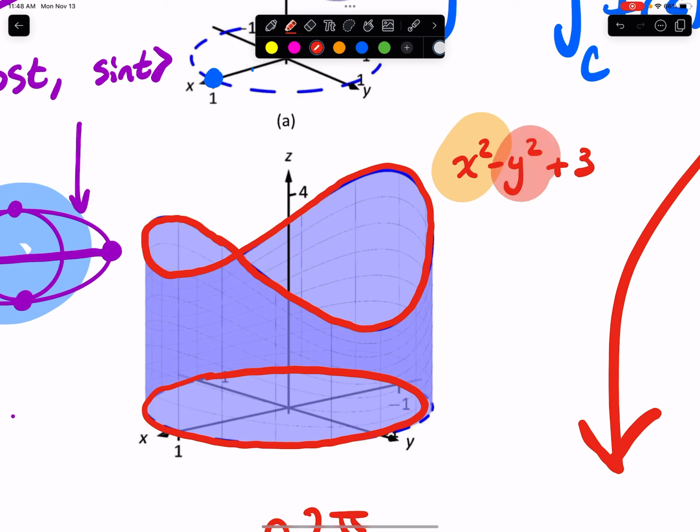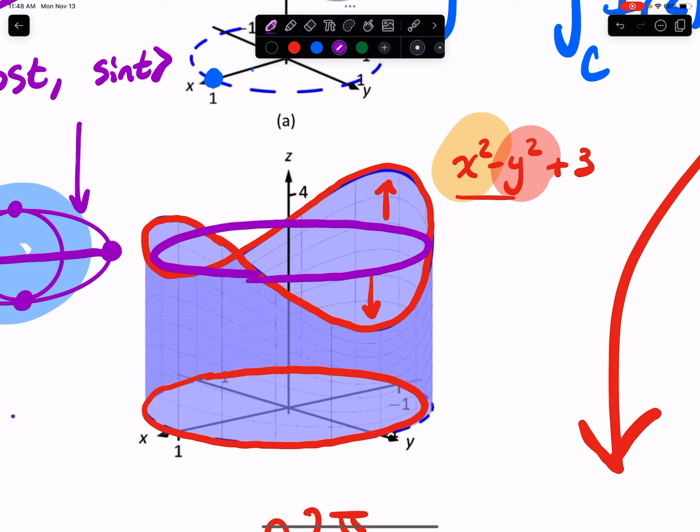One takes away and one adds to at different times. So sometimes we're going down, sometimes we're going up in the y value. And so they kind of cancel each other out. So they average out to basically, it would almost be like this whole thing had an average height of what? 3. That 3 there. Okay?